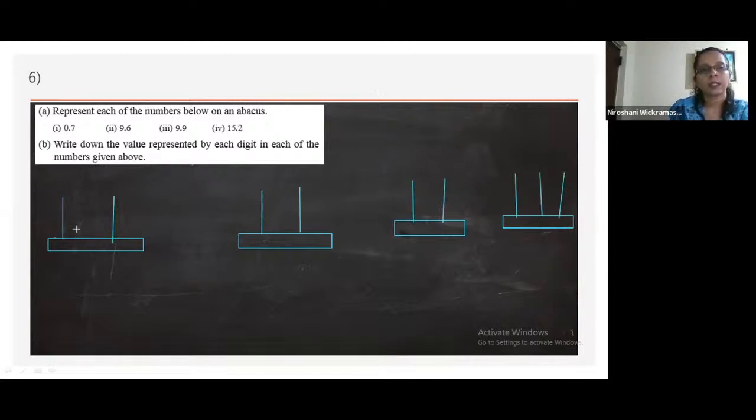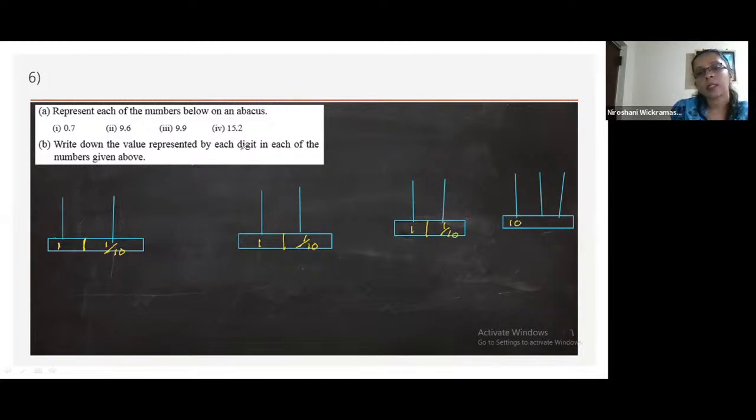Now look at here. This is the unit place. This is the 10th place. This is the unit place. This is the 10th place. Here also unit place, 10th place.